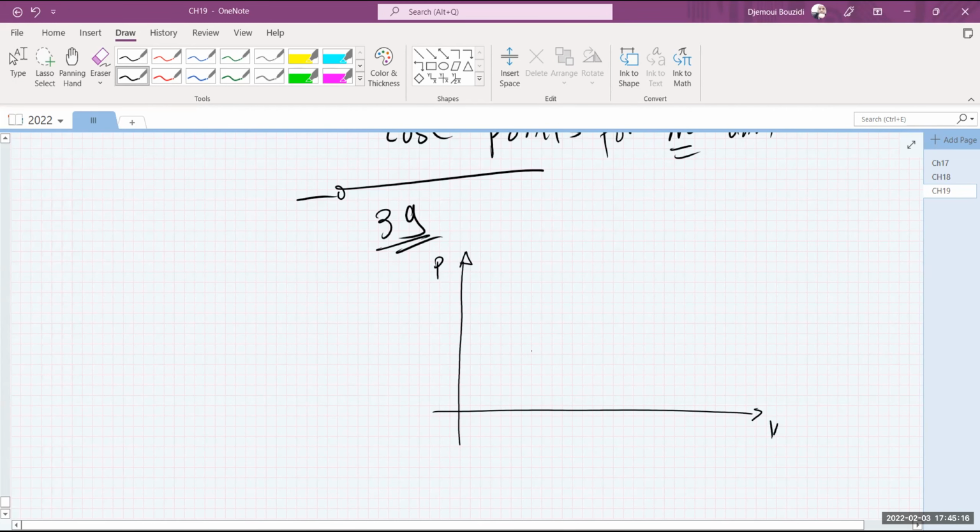There is a pressure, and they gave us point A and point B, with this weird looking curve going from B down to A. And they gave us point D, which has the same volume as point B, but also has the same pressure as point A. It's going this way from A to D with this arrow.